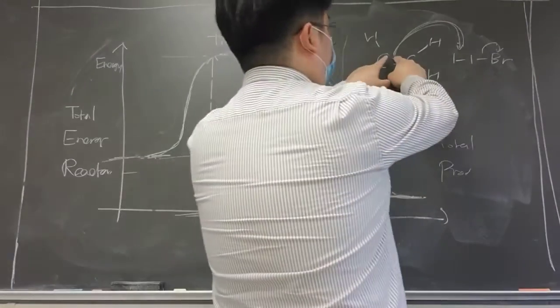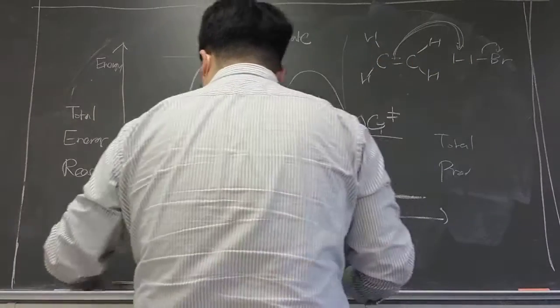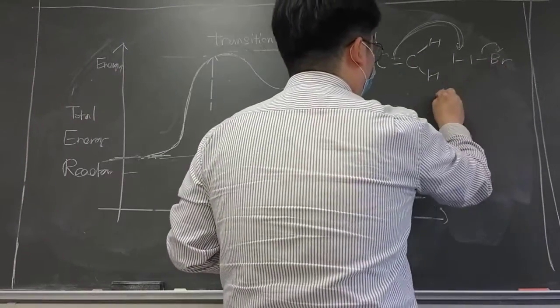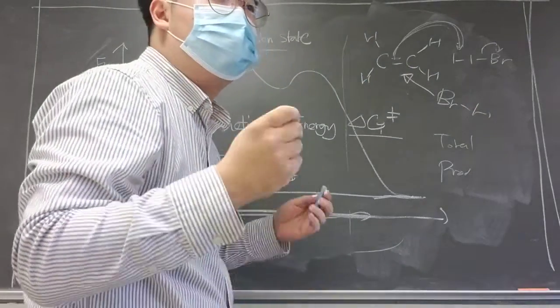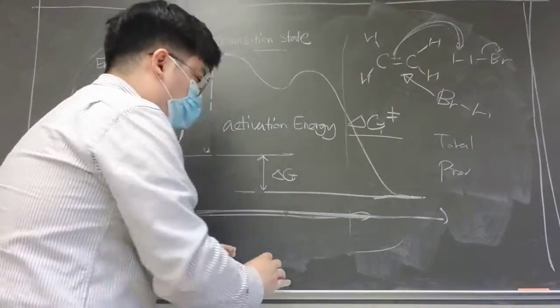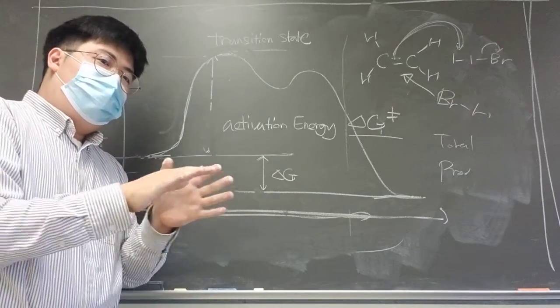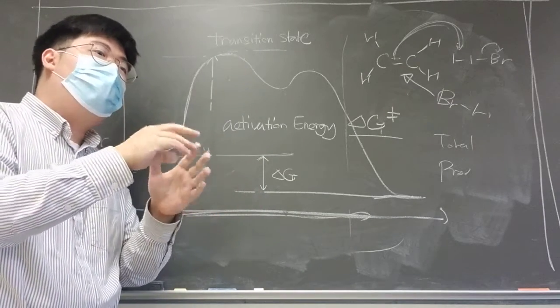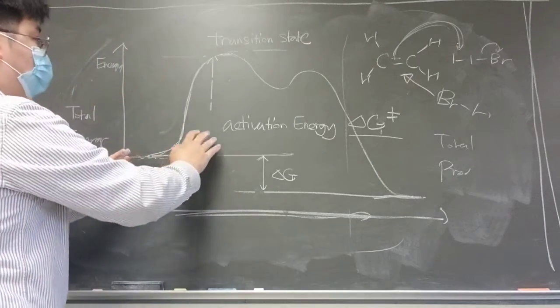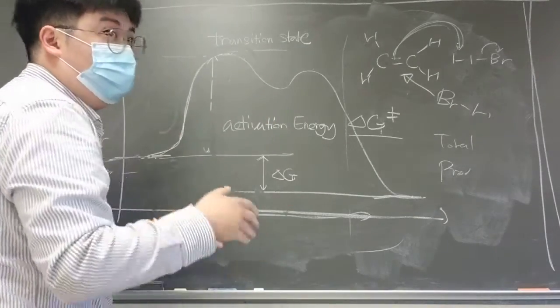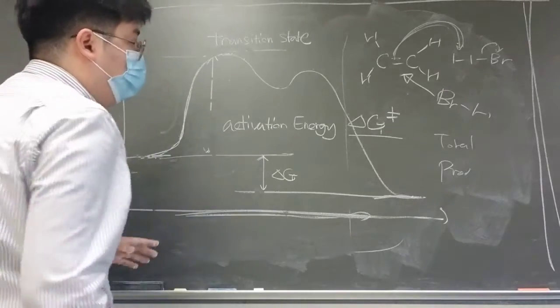So if this one wants to make this bond, and it is coming in this way, for example, it's not going to happen, even though it's a strong enough force. The temperature usually determines how frequently they're going to collide in the right positions, and this will determine the amount of activation energy you need to go through.